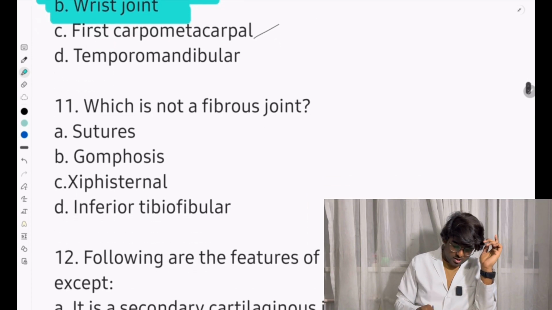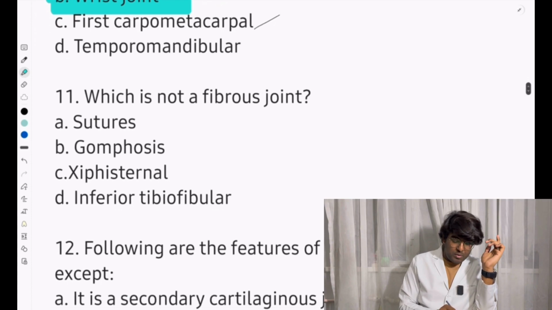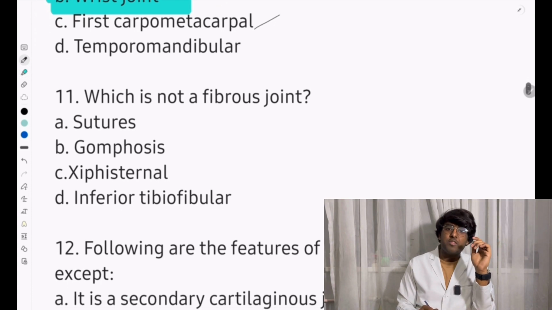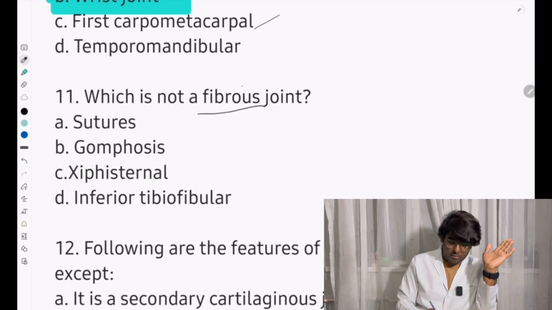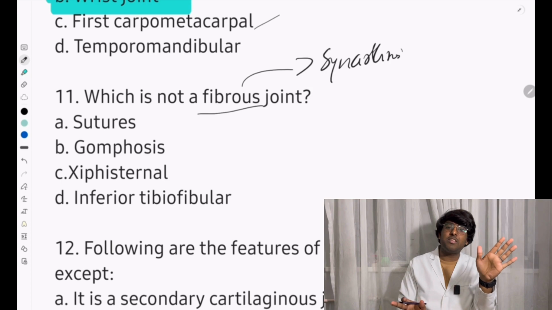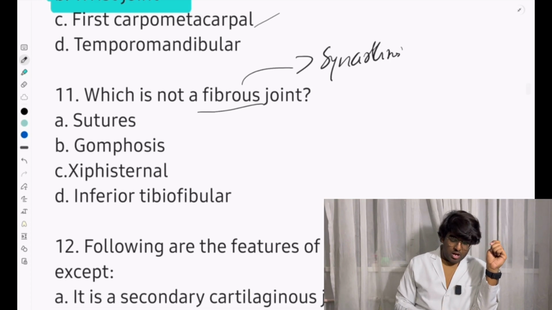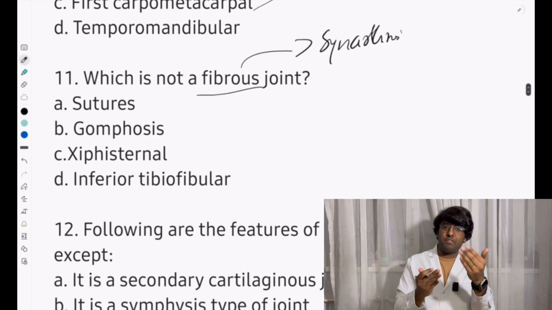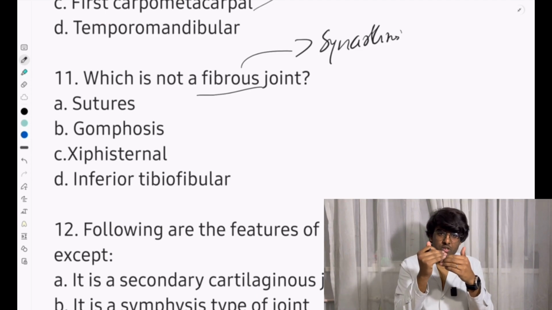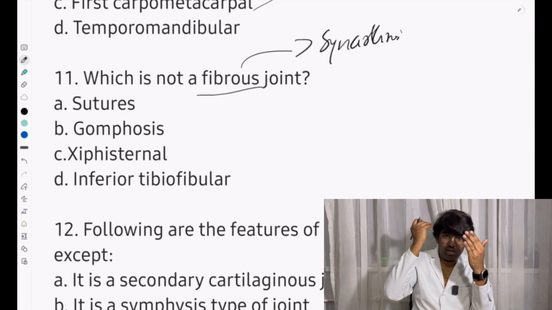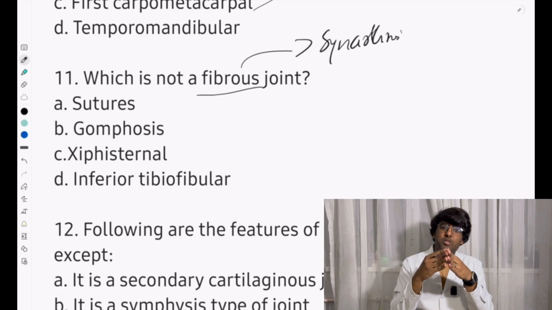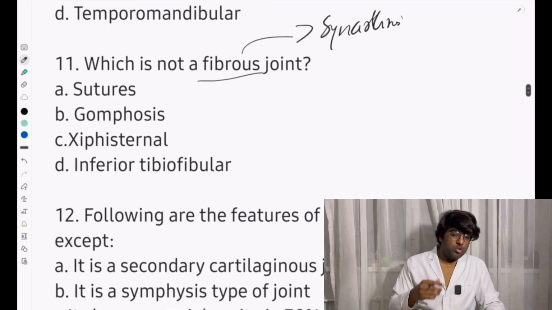Okay. Next one: which is not a fibrous joint? You know that fibrous joints are synarthrosis, right? Synarthrosis means they are completely immovable, fixed to each other. These are usually found in the skull, in between the sutures: coronal suture, sagittal suture, squamous suture, and many other sutures have fibrous joints.